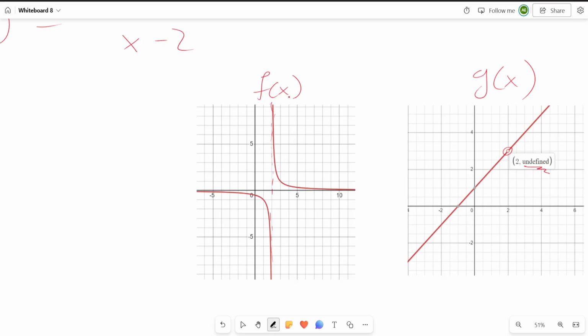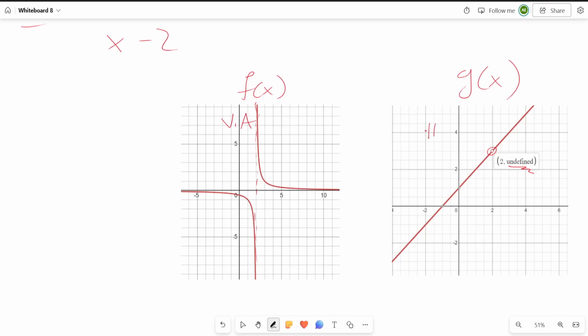However, the difference is that in f of x, the one on the left, I have a vertical asymptote. This is one type. The second type is something called a hole, and it's very self-explanatory. You basically have a line or a curve, and there is literally one point that is undefined, and then the curve continues as if nothing happened.